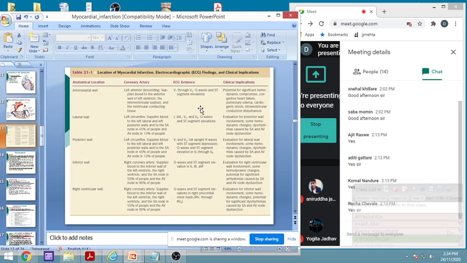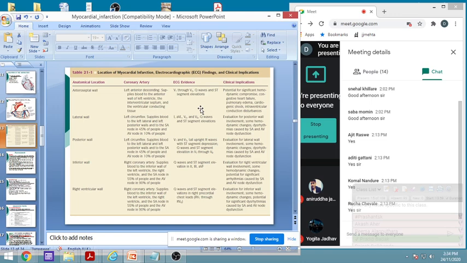So here also you can find either ST segment depression or ST segment elevation. So this is a bit complicated to diagnose. It can cause elevation for lateral wall involvement. There are hemodynamic changes. There can be dysrhythmias caused by SA node and AV node dysfunction. So posterior wall and lateral wall are similar.